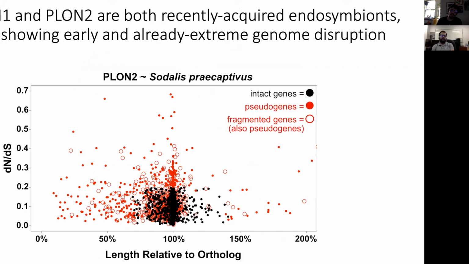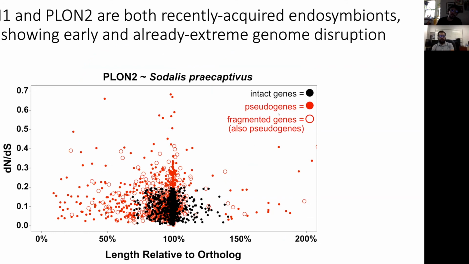This is actually just a plot that I made from the PseudoFinder results, where you can see that there's a huge proportion of genes, or a larger than average proportion of genes that are shorter than their homologs in the free-living relative. So these are genes in the symbiont.